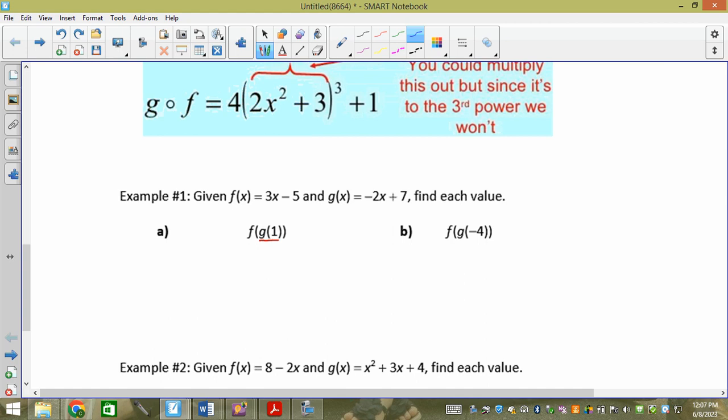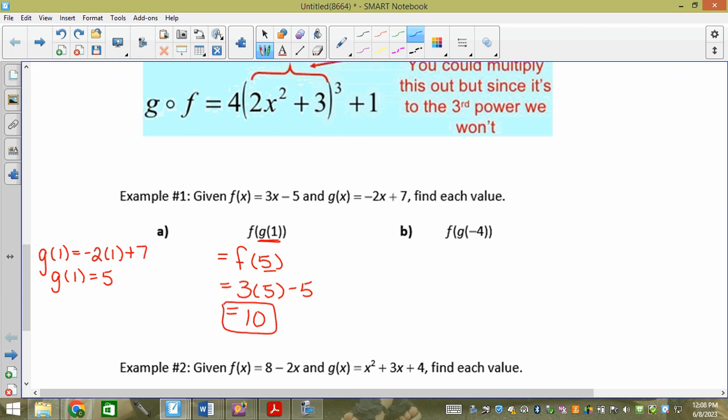We're finding the coordinate on f of g of x at x equals 1. So we do g of 1 equals negative 2 times 1 plus 7. So g of 1 equals 5. So we're going to find f of 5, because g of 1 is 5, so I can input that in for it, right? And now we're going to find f of 5, which is 3 times 5 minus 5, which is 10.